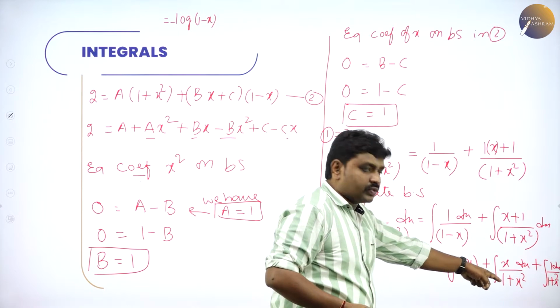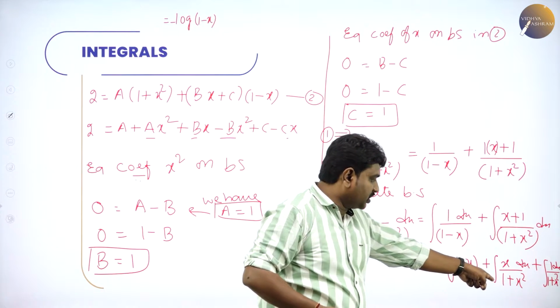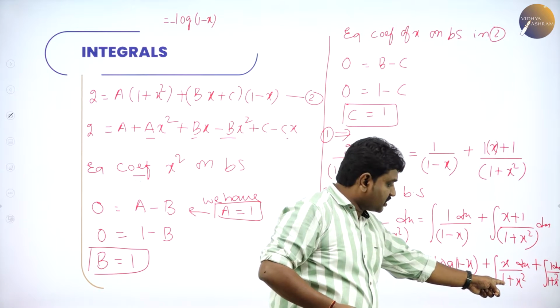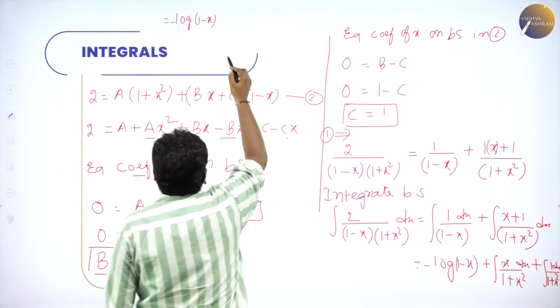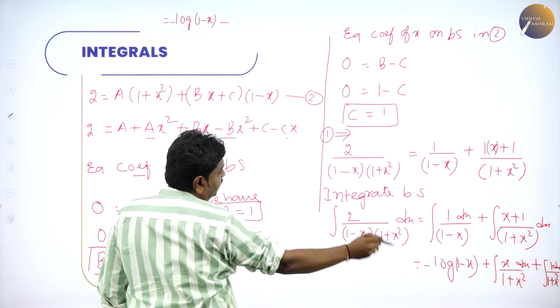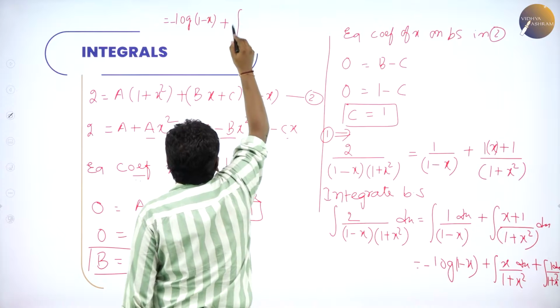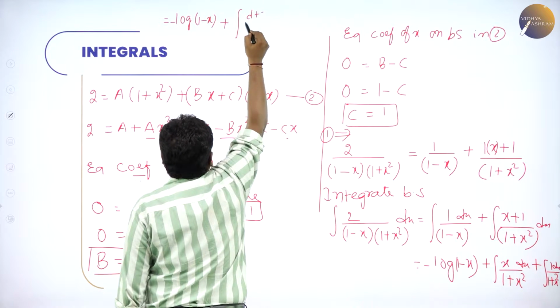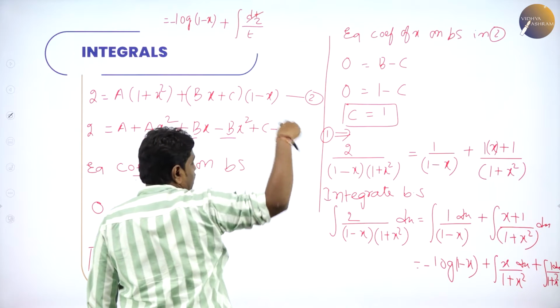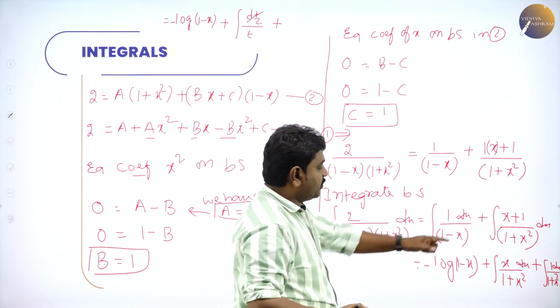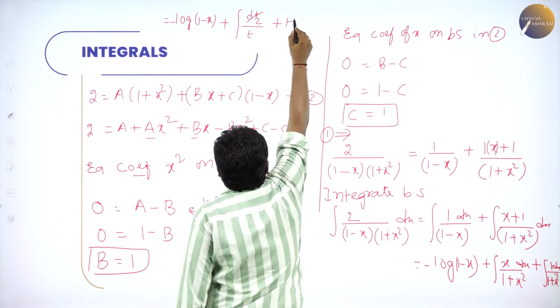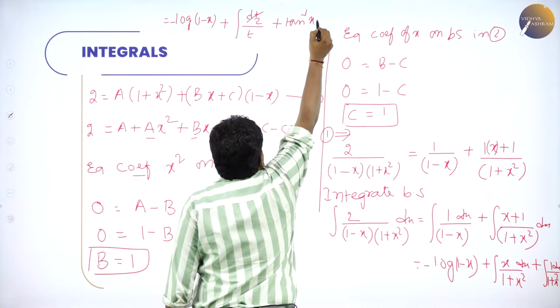So finally we have the first term, minus log of 1 minus x, then x divided by 1 plus x square, you can do substitution. When you do substitution, put t as denominator. So differentiation of 1 plus x square is 2x. So 2x is equal to, now by method of substitution, putting denominator as t, you will get numerator as dt divided by 2 divided by t, and the last term is integrable. Integration of dx divided by 1 plus x square is tan inverse x plus c.